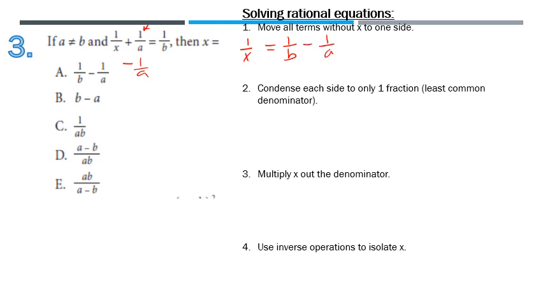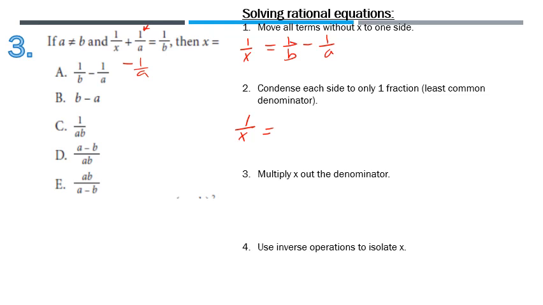Okay, the second thing we want to do is condense each side to only one fraction. So we want to get our least common denominator. So on this side, our least common denominator would have to be a times b. Or, if you remember, we talked about chopsticks in a bowl. So 1 over x equals, remember it's top to bottom from left to right, and then bottom to top from left to right.